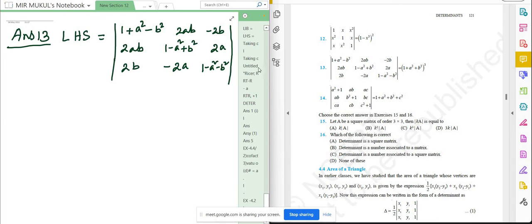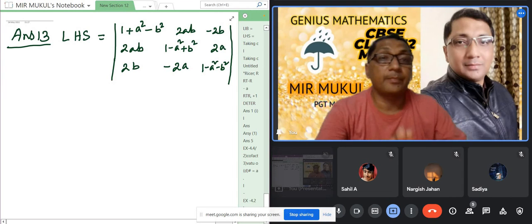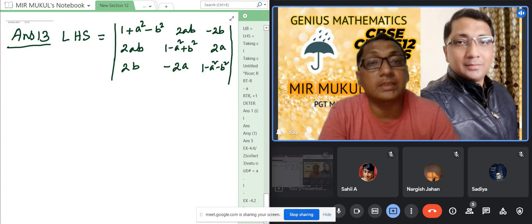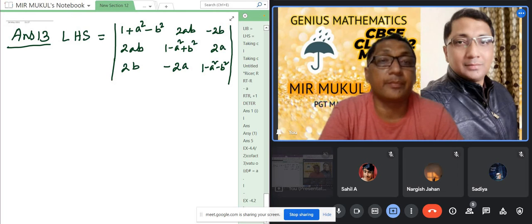So on any row or any column if we add, or any two rows or any two columns if we subtract, we are not getting directly the factor 1 plus a square plus b square. Up to question number 12, we have used R2 minus R1, R3 minus R1, or C2 minus C1, C3 minus C1, or R1 plus R2 plus R3, or C1 plus C2 plus C3.